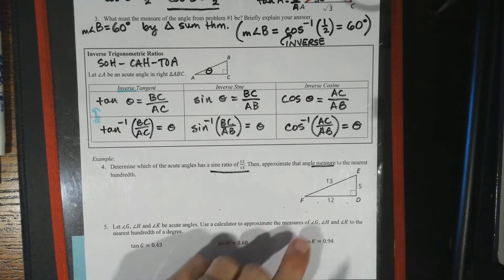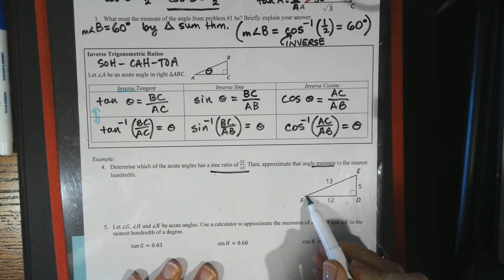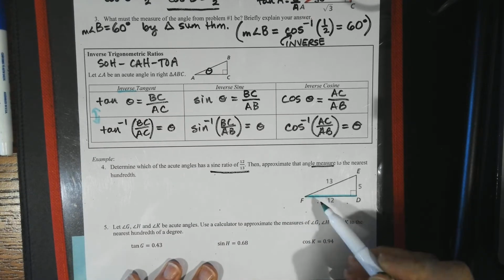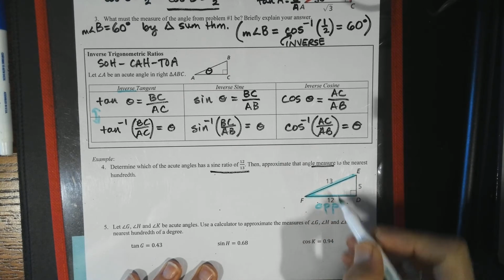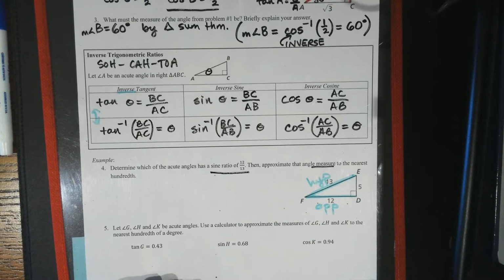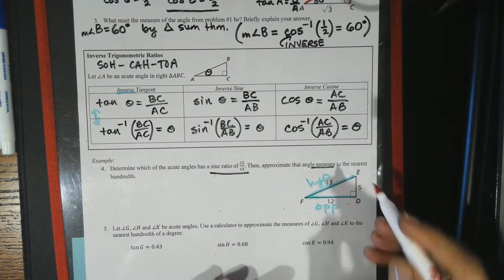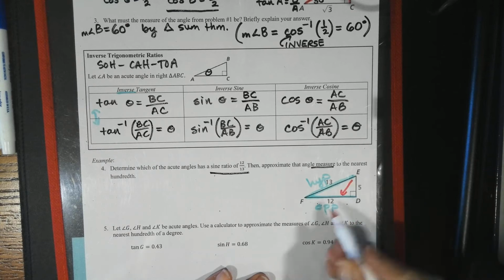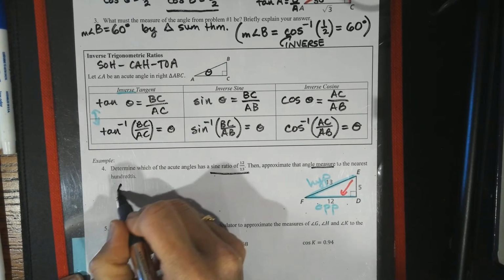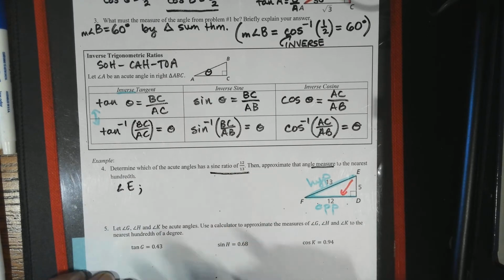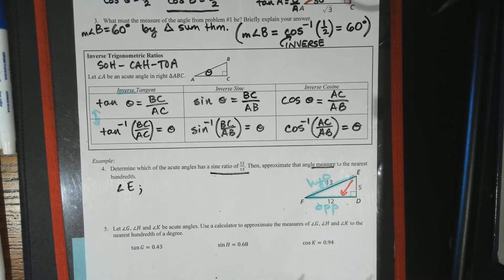So what I'm looking at here is 12 over 13, and I want this to be the opposite over the hypotenuse. I think you can tell that 12 is opposite angle E. So that's going to be your first part. Now we're going to find angle E.